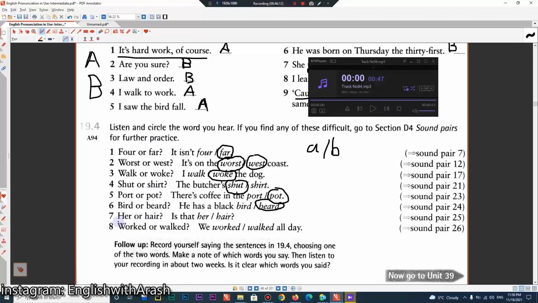The first one is her, like work. Listen. Her or hair. Is that her? Oh no, it says hair. I think maybe hair, because hair is not grammatically correct. You can't say is that hair. You can say is that hers, but not her. But anyway, let's go to number 8.